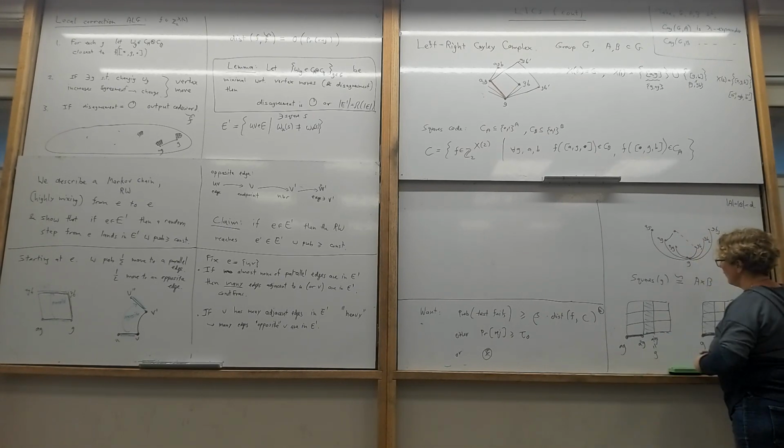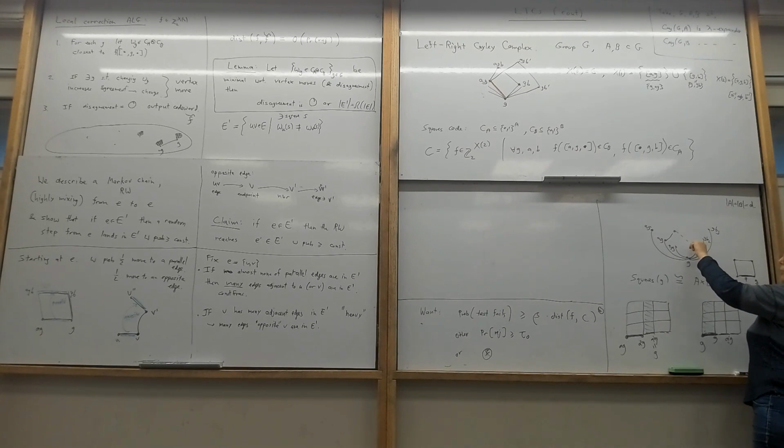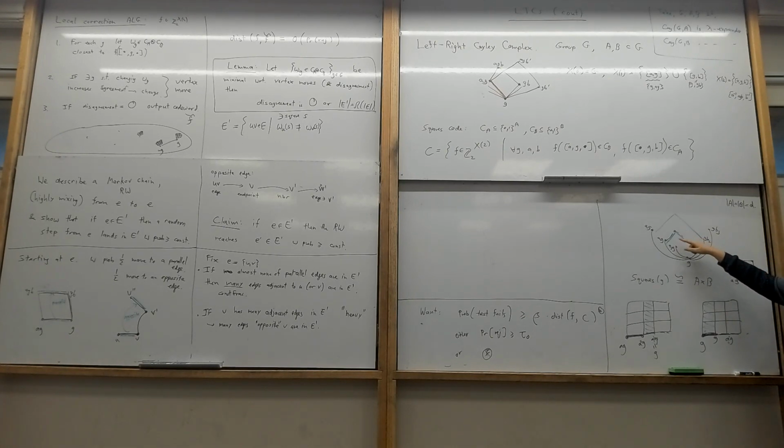I'm interested in edges that close a square in G. Okay, these kinds of edges, okay? So for every square that contains G, 2 of the edges of the square are adjacent and 2 of the edges are closing edges. I want to say that many of these must be also edges of disagreement.